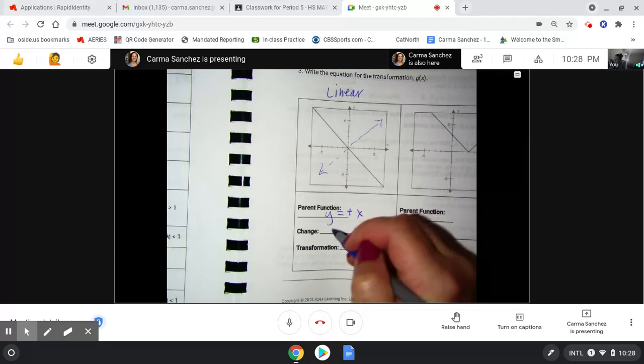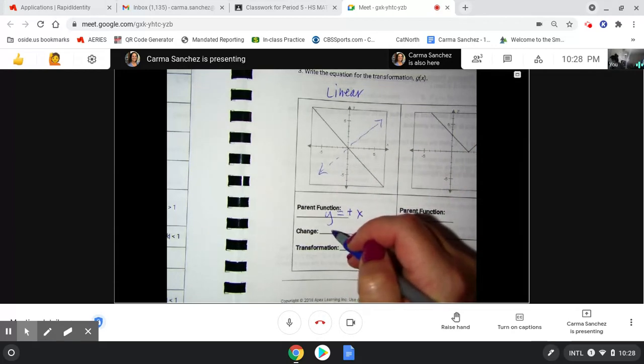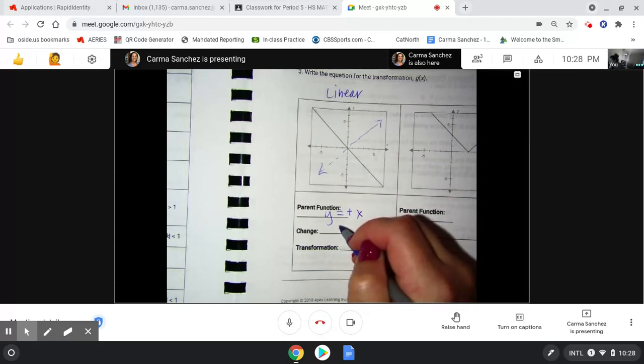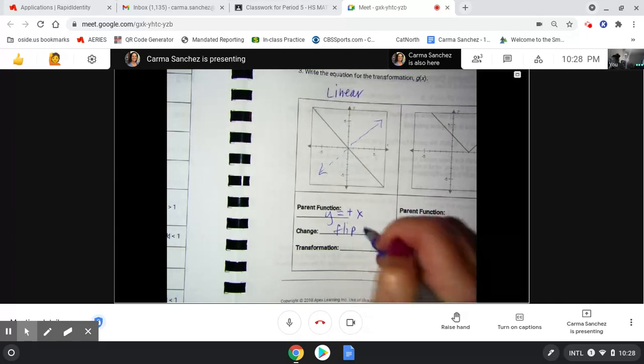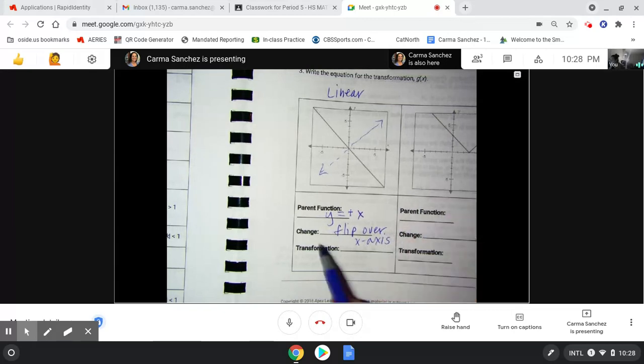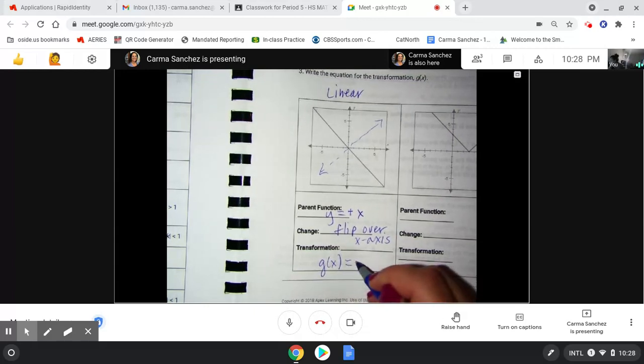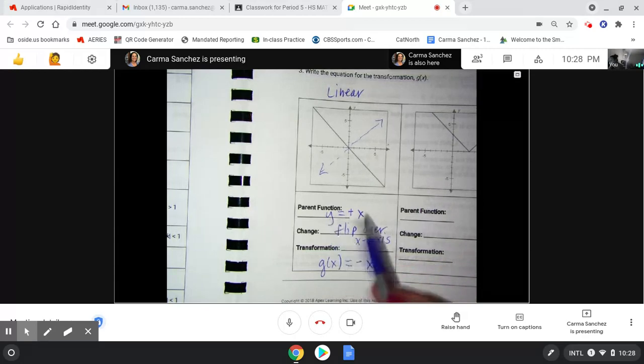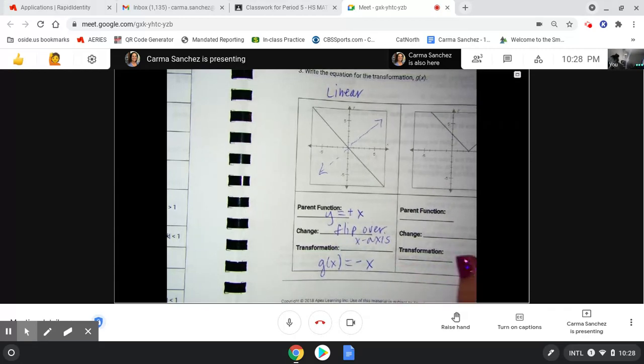So the change is a flip over the x-axis, because it's now got a negative slope. And so the correct function is that g of x is equal to -x. So the original function was just x, and the new function is -x.